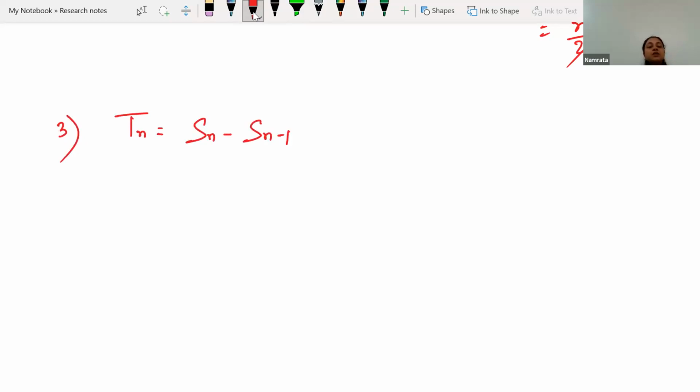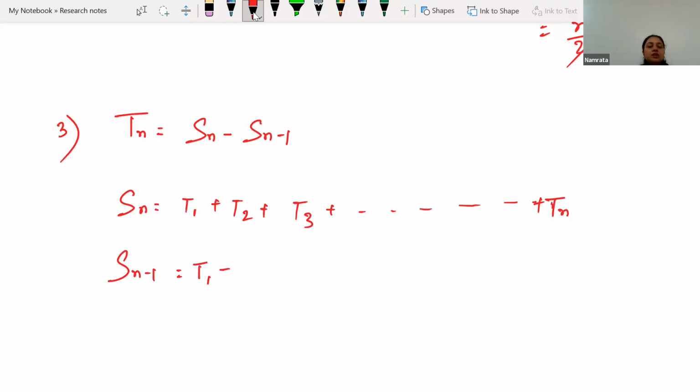What exactly does it mean? It means the nth term, Tn, is equal to the sum of n terms minus the sum of n minus 1 terms. The sum of n terms means t1, t2, t3 up to tn, and Sn minus 1 means the sum of n minus 1 terms, t1, t2, t3 up to tn minus 1.